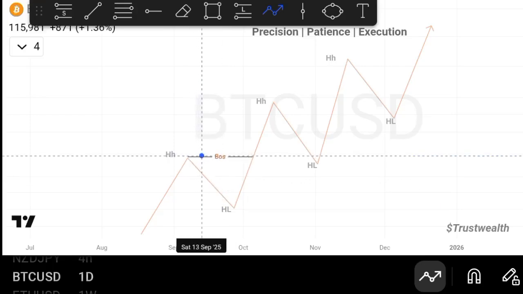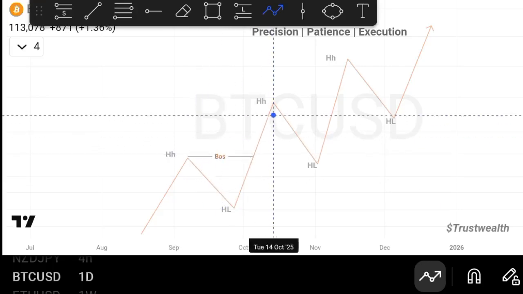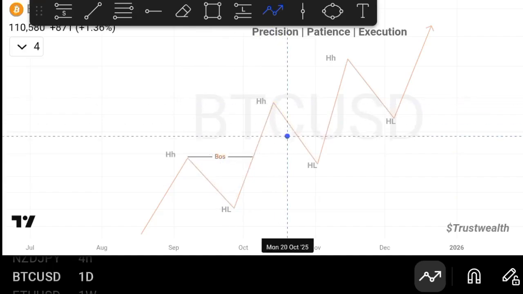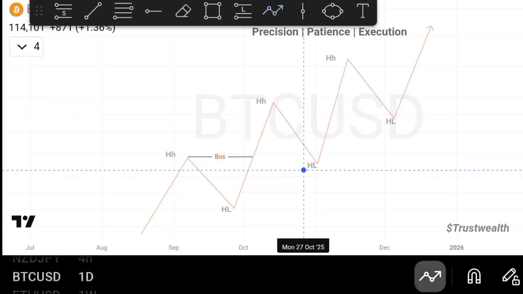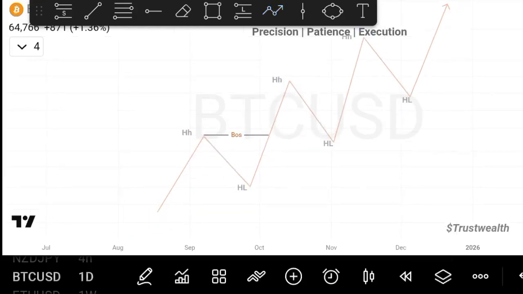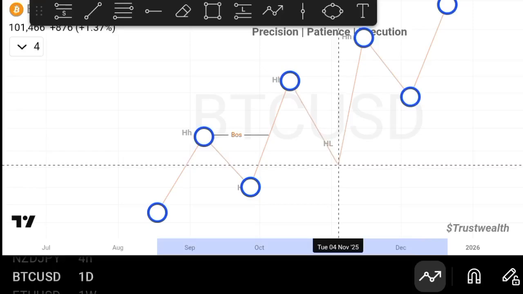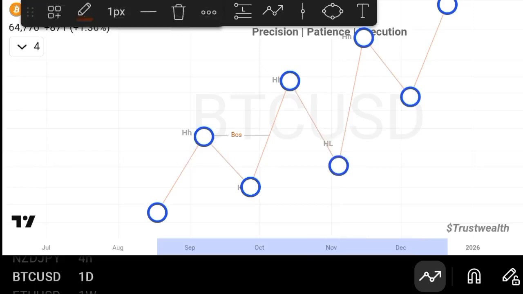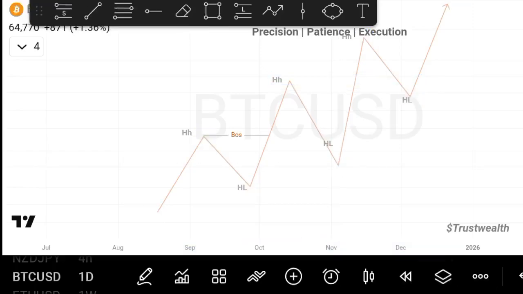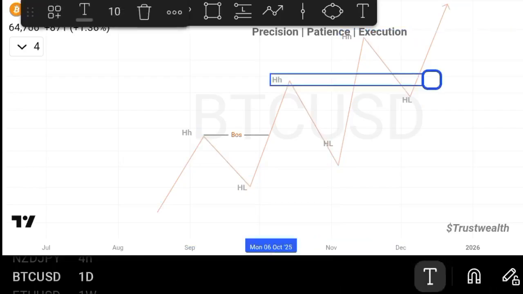So immediately this happens, you should put it in your mind that price will want to return back into a discount level. Let's bring this down to make it easier to understand.